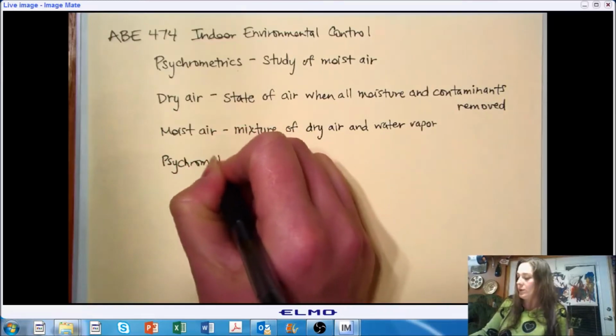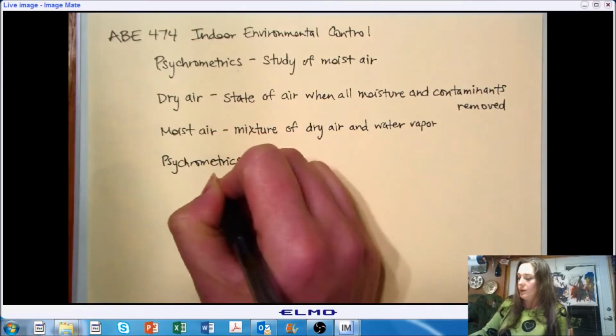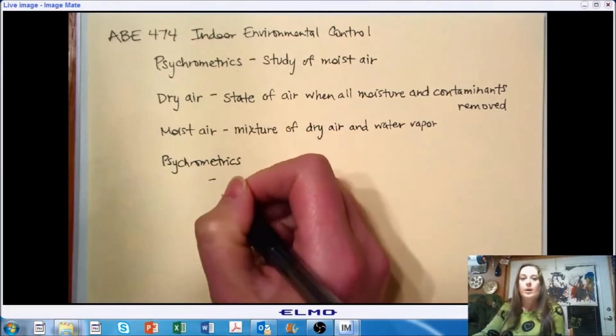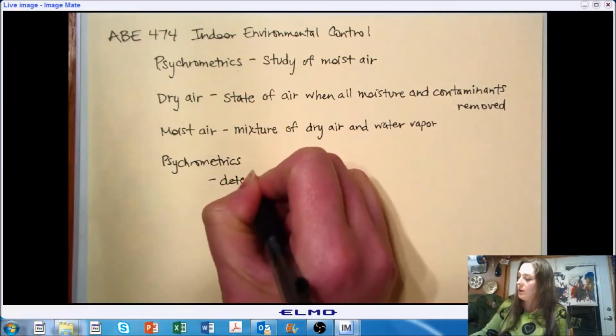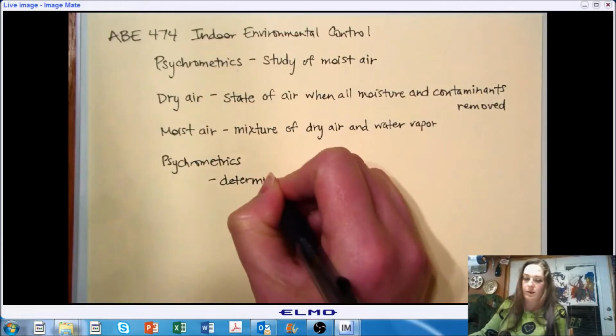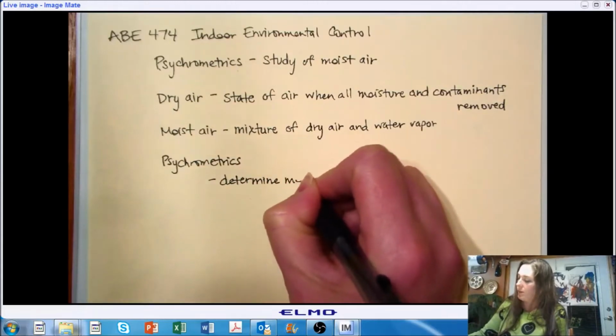But what do we want to do with psychrometrics? There's two main things we're going to talk about with respect to psychrometrics. We're going to talk about determination of the properties of our moist air.